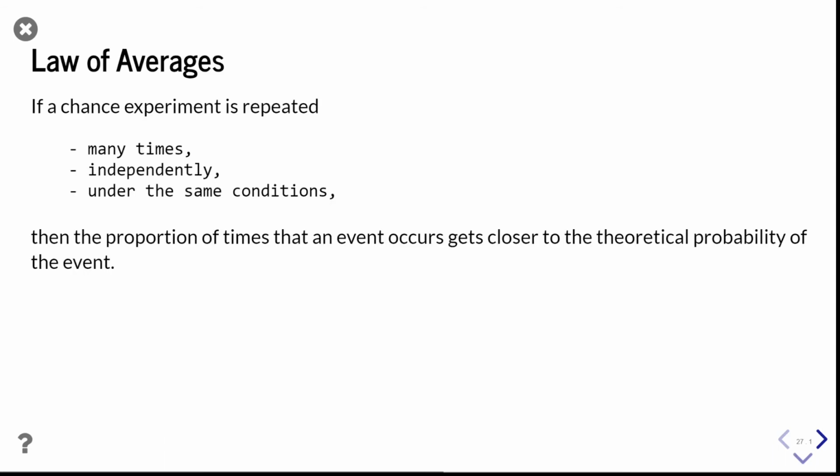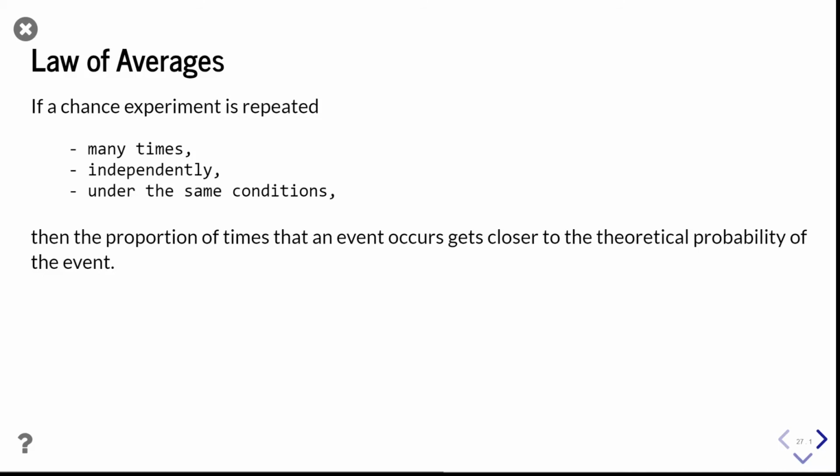So this idea that my empirical distribution might look a little strange at first, but then as I crank up the number of samples, it starts to approximate the true distribution, is a major result in probability theory. You may have heard of something called the law of averages. What the law of averages says is just this.